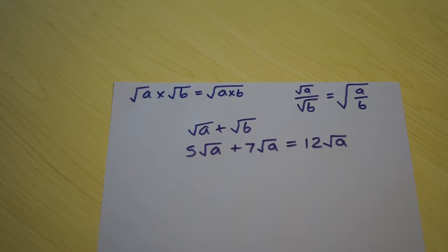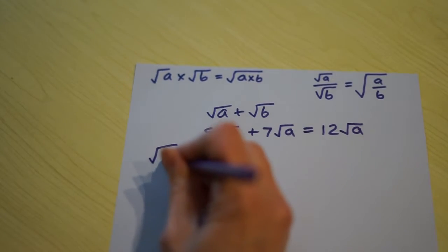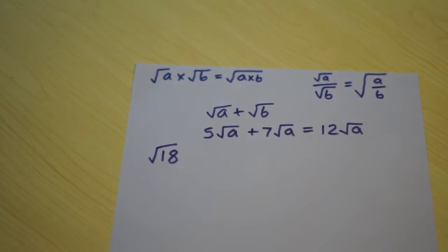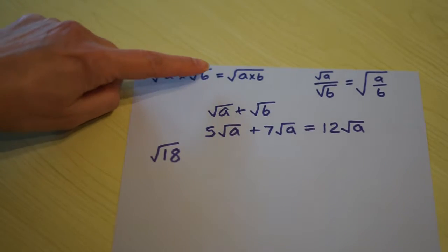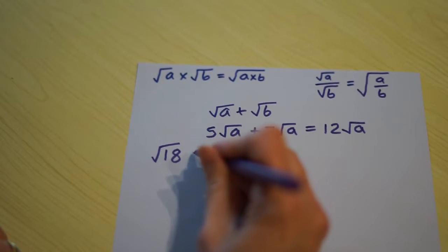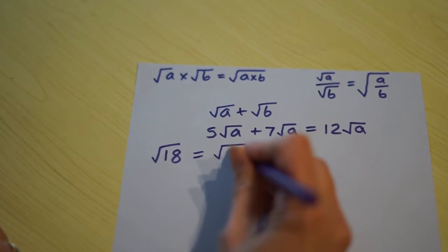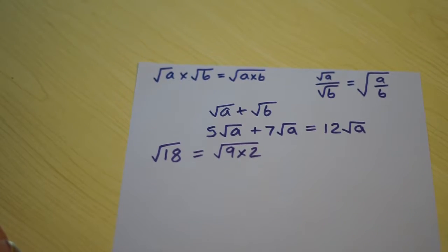Okay, let's do some simplifying. Let's take the example of the square root of 18. We'll use the multiplication rule to split 18 up into 9 times 2.